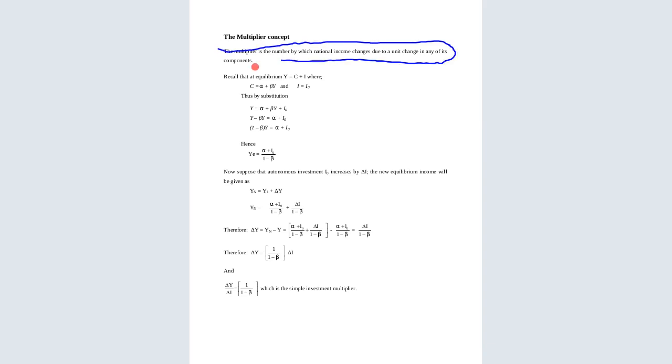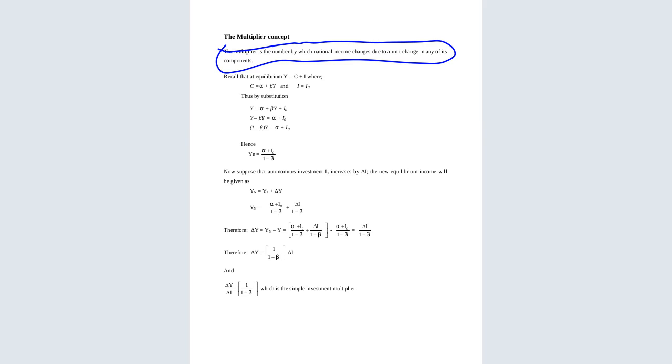This definition is very key in defining what a multiplier is. It is simply the number by which the national income changes due to a unit change in any component.